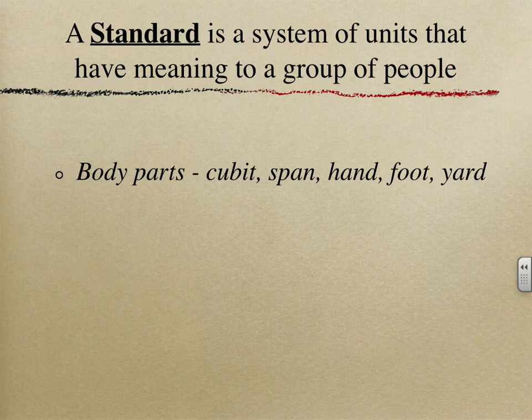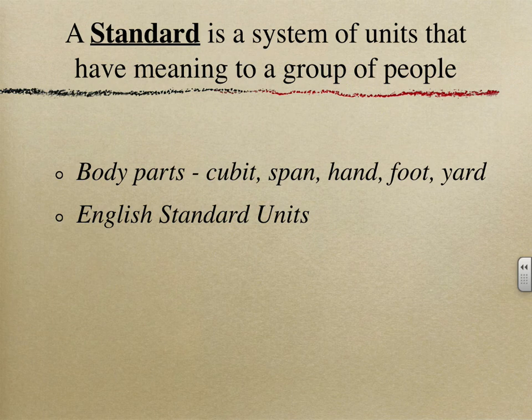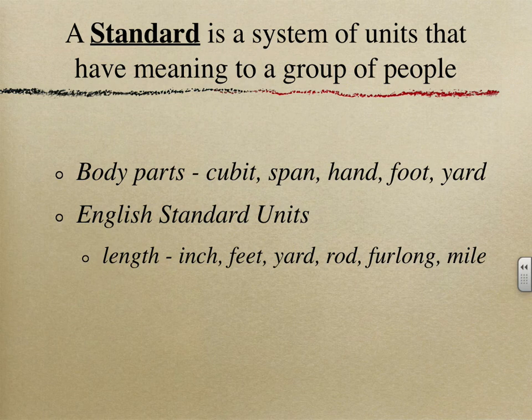So in the English standard units, these are ones that came out of England, and every country has their own unique set of weird units, and all of these came out based on the way that we just live life. In length, we had to learn inches and feet and yards and rods and furlongs and miles, and these are all units of length.